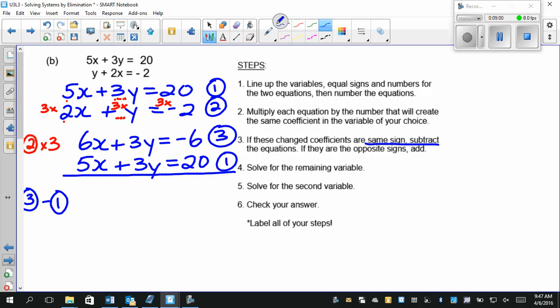So 6x minus 5x is going to give me 1x. 3y subtract 3y is 0. And negative 6 subtract 20 is negative 26. So x equals negative 26.